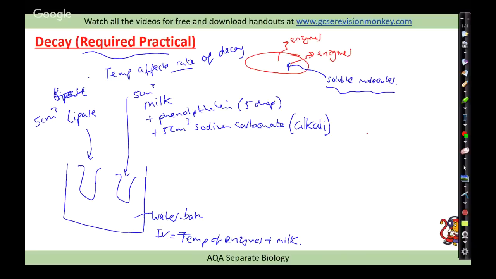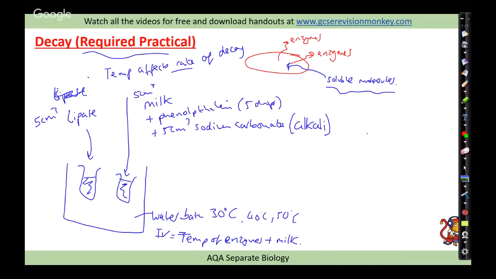So we've got our water bath here. We could set it at 30 degrees C, for example, as our first temperature, and then we could change it to 40 degrees C, 50 degrees C for other measurements in the experiment. We've got our lipase in our water bath and our mixture here of milk, indicator, and sodium carbonate.